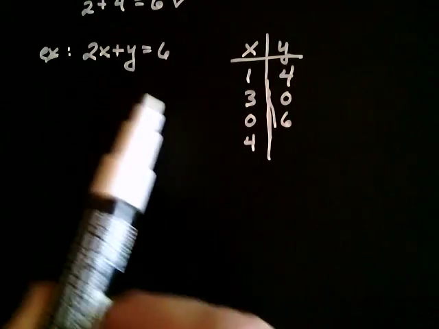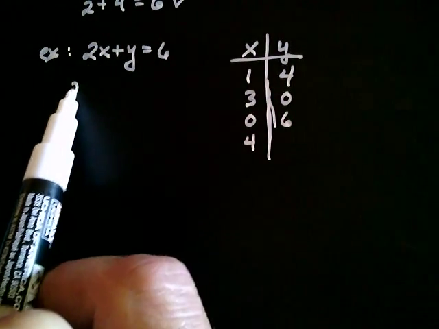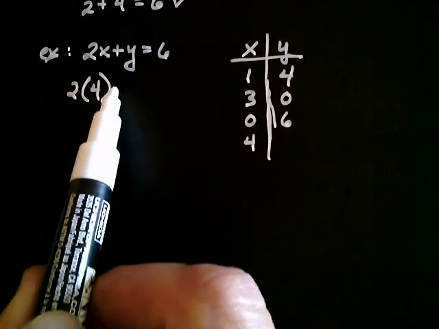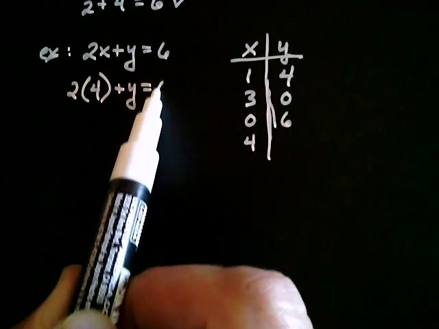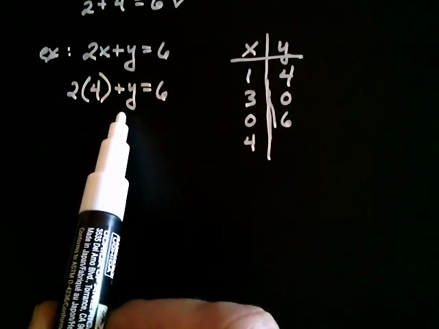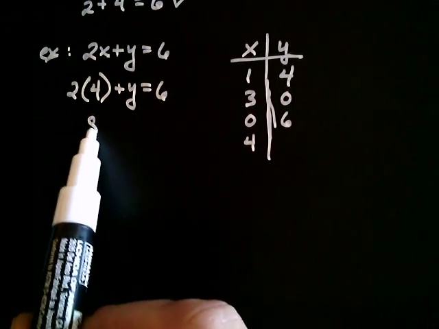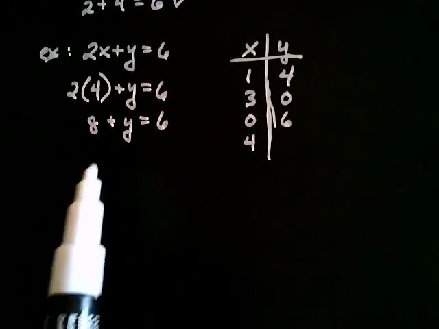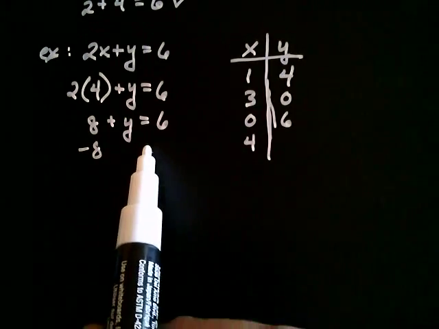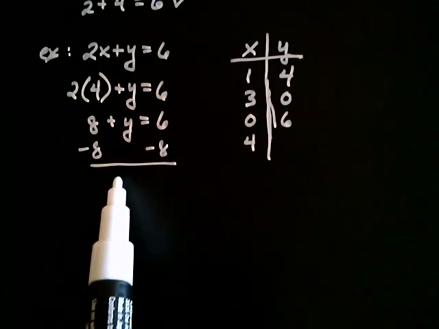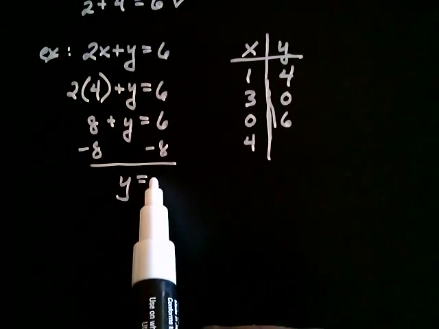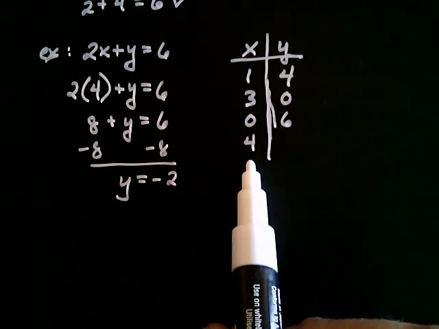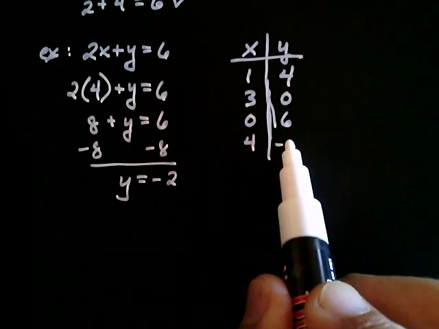I'd replace the x with a 4, so it'd be 2 times 4 plus y is equal to 6. 2 times 4 is 8, plus y is equal to 6. If I subtract 8 from both sides, I see that y would have to be negative 2. So when x is 4, y has to be negative 2.